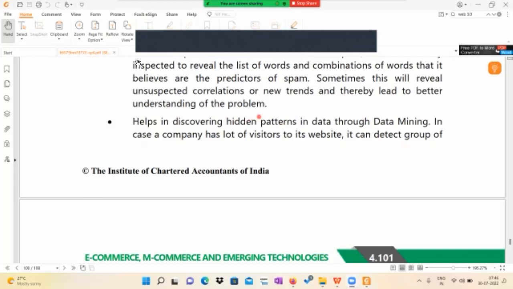And how can he do this? Hidden patterns are available through data mining. So data mining is nothing but observing the patterns.